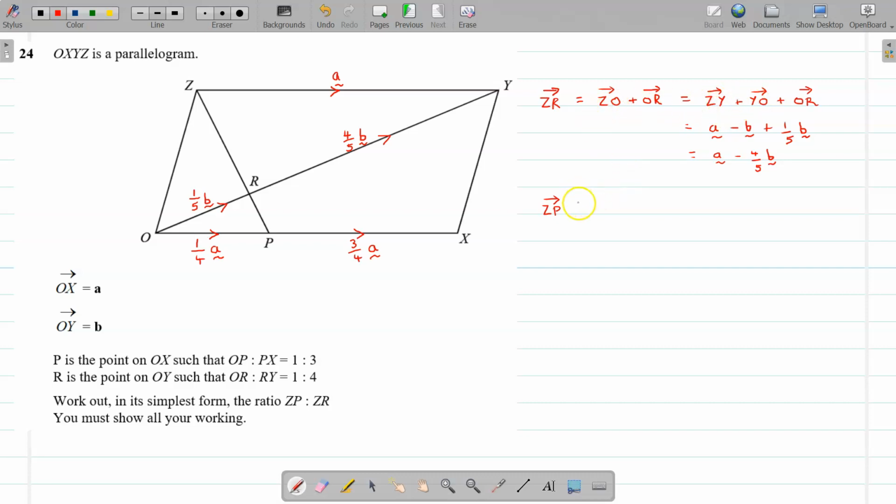So I can write it as ZY plus YO, and then I need to go from O to P, so that's OP.